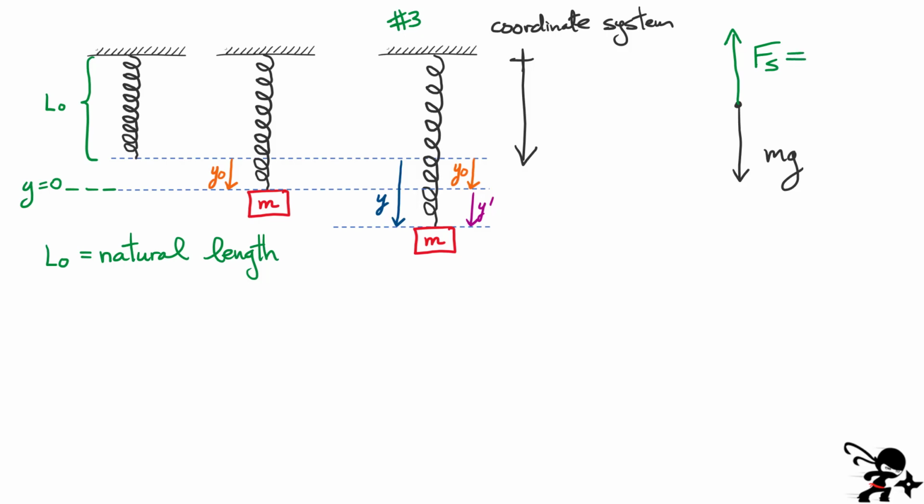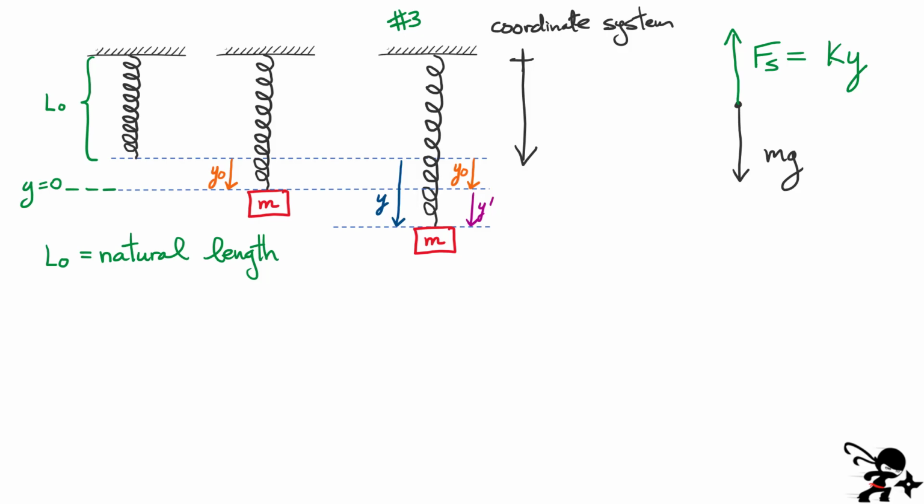Now the spring force is going to be equal to the spring constant k multiplied by how much I stretched the spring. Right now it's stretched a total distance y. Okay, and y is simply the combination of both of these. These are the two forces acting on it. Now the spring force is bigger than the weight, which is why it's going to shoot upwards.